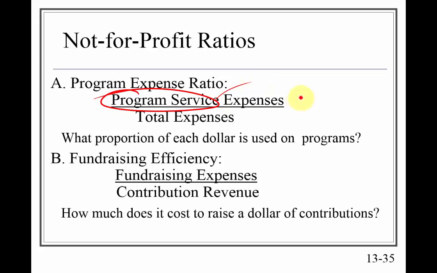Those are usually administrative services, administrative costs, and fundraising costs. We try to minimize that as much as possible and spend more on program services. So this ratio here, we want it to be as small as possible. Our textbook says, the Better Business Bureau says maybe a percentage of 65% or higher is okay, is good.